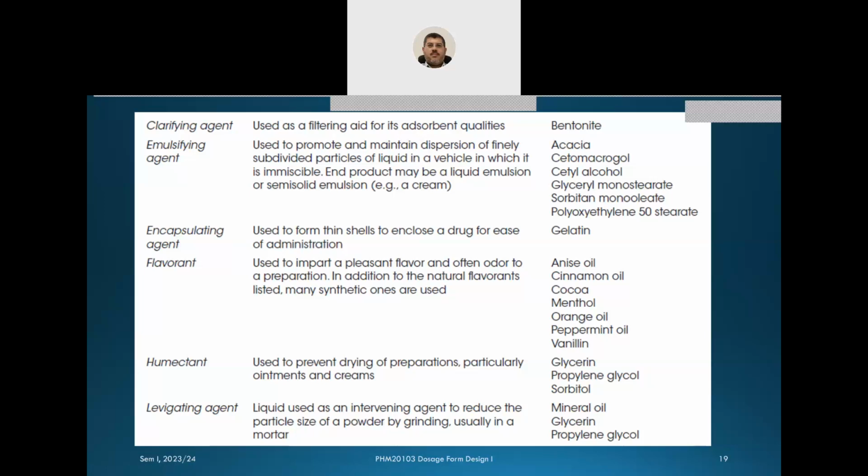You can use some oily material or thick material like mineral oil, glycerin, propylene glycol. You add it to the powder and then you keep grinding. In this case, you will not get any crusts or any compacted powder, but they will be distributed in the liquid and will be ground by the effect of the friction between the mortar and the pestle.